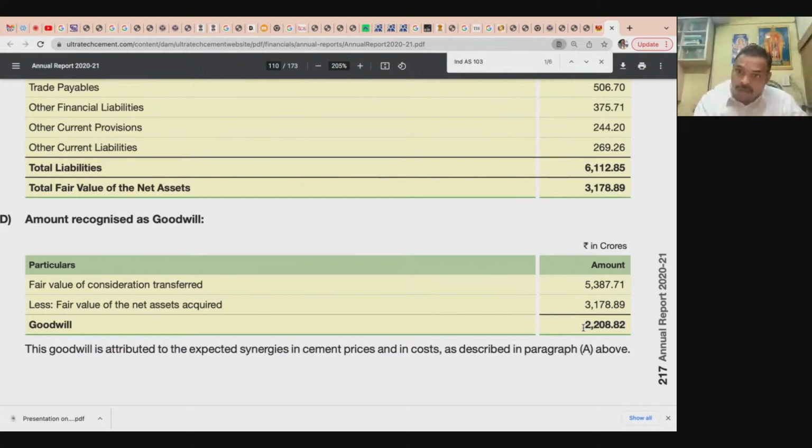Today, TCS, when they did the share buyback, a 1 rupee share was bought back for 3,000 rupees. My goodness. Market value was not even 3,000. Market value was only 70% of 3,000, that means only 2,100 or 2,200. So this goodwill is attributed to the synergies in cement prices and cost.